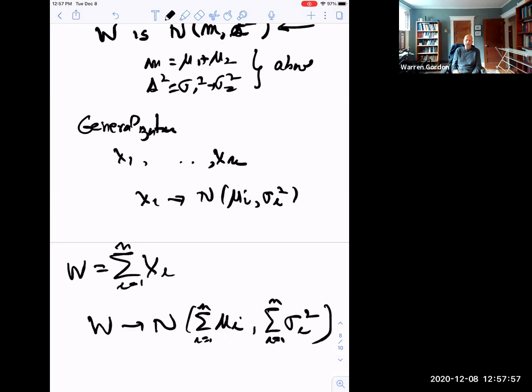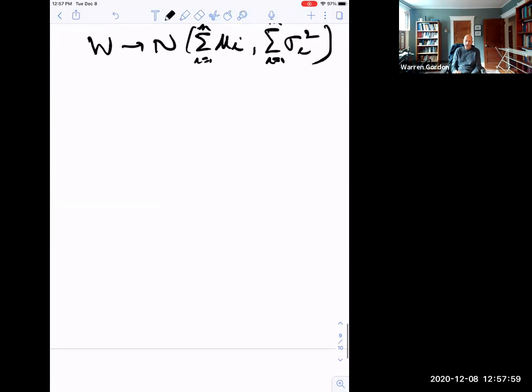Now, you can prove the exact same theorem, and here's one you might want to try, Tatiana. Suppose X is binomial with parameters P and N1, and suppose Y is binomial with parameters P and N2.